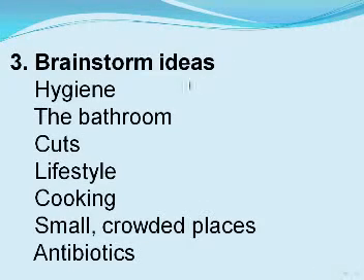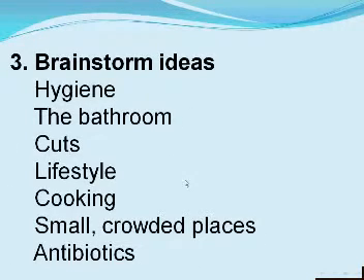Then you'll have to brainstorm ideas. Just write some notes about the things you're going to write. Plan for your writing. You could write, for example, about hygiene, the bathroom, cuts. I mean, when you are injured or you have cuts in your skin. Lifestyle, the way you live. Cooking, small crowded places, antibiotics.